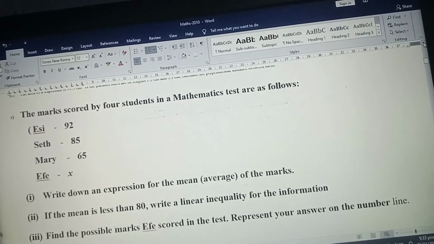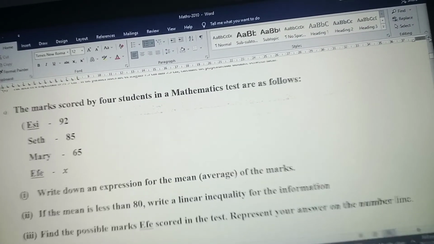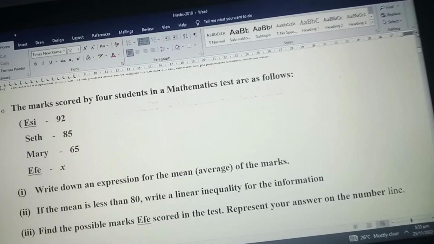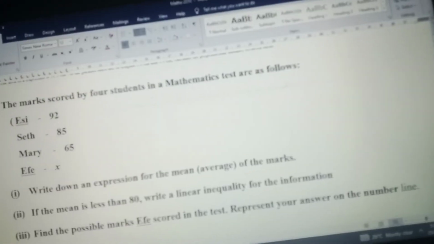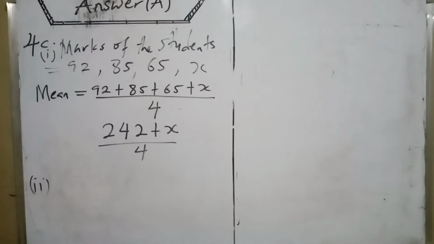Represent your answer on the number line. So before you can find the possible marks of Ife, you need to find the value of x.